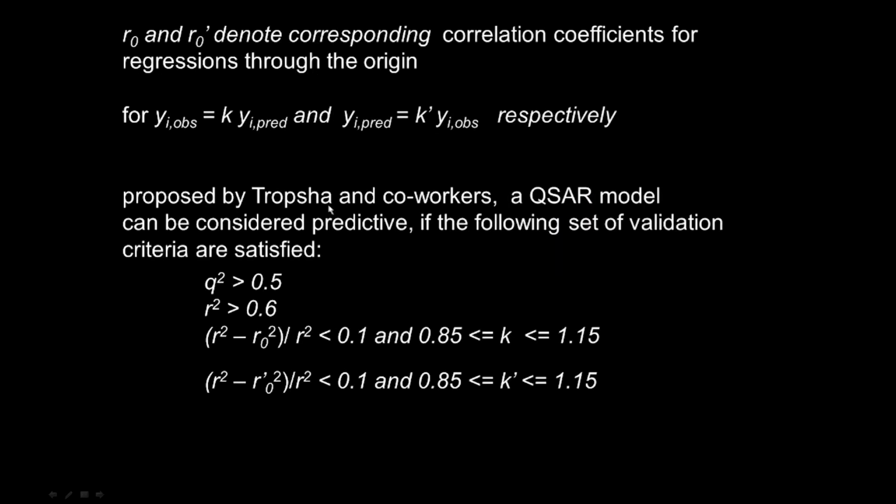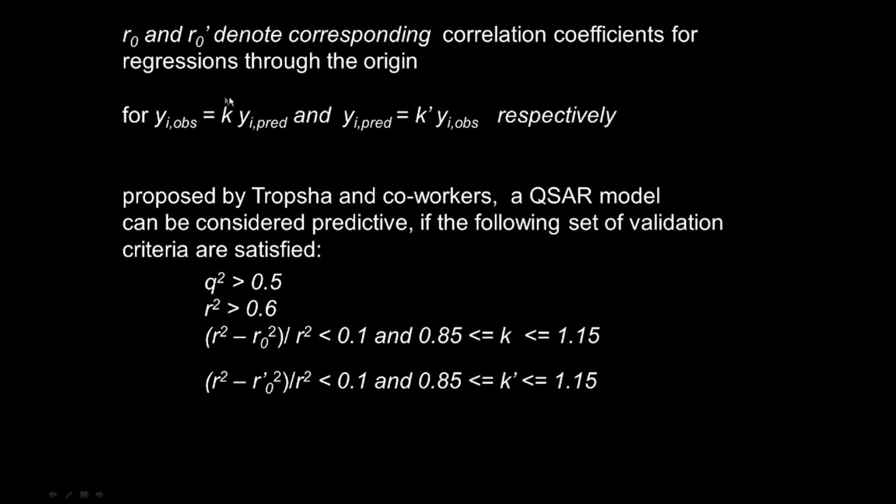Okay, then we also have other approaches, R0 and R0 dash. These are the corresponding correlation coefficients for the regression through the origin, where we have YI observed equal to K YI predicted, or YI predicted equal to K dash YI observed.